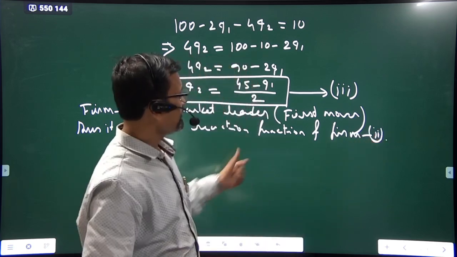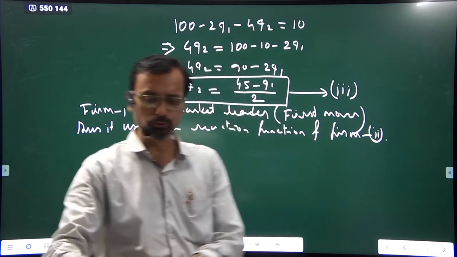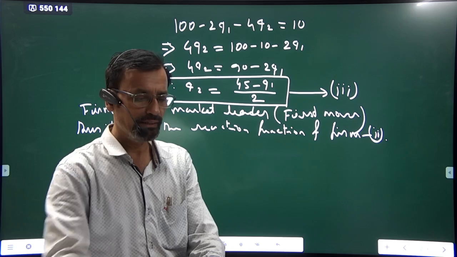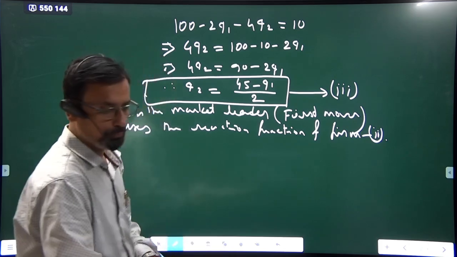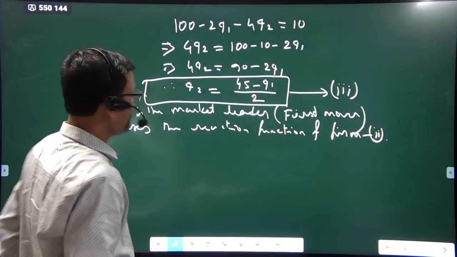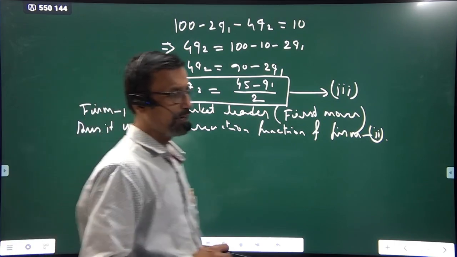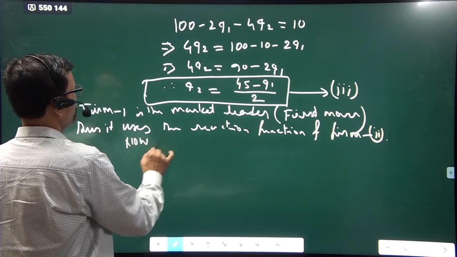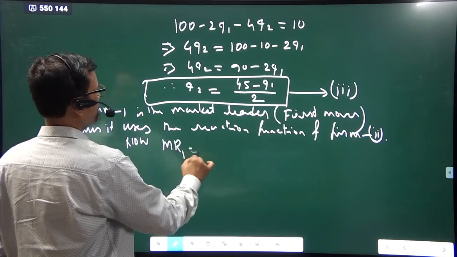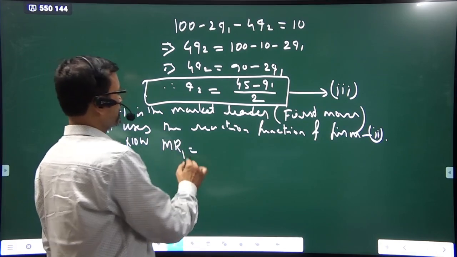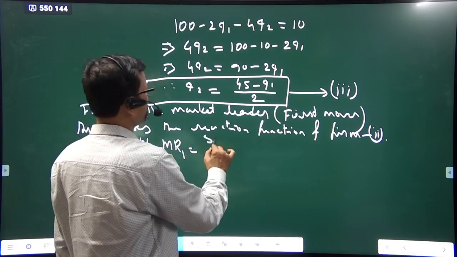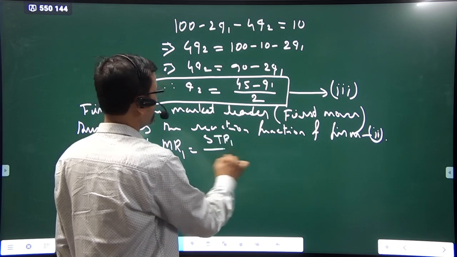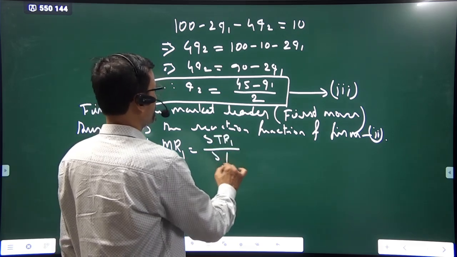By applying the reaction function of firm 2, firm 1 will decide its output. Now, let's find the marginal revenue in firm 1, when we differentiate the total revenue in firm 1 with respect to Q1.